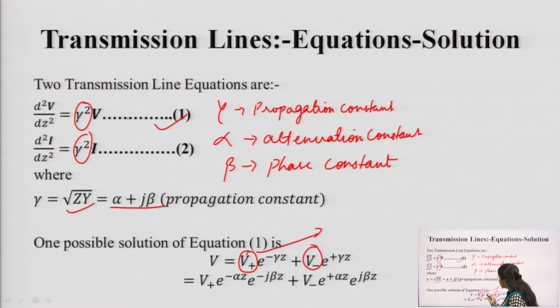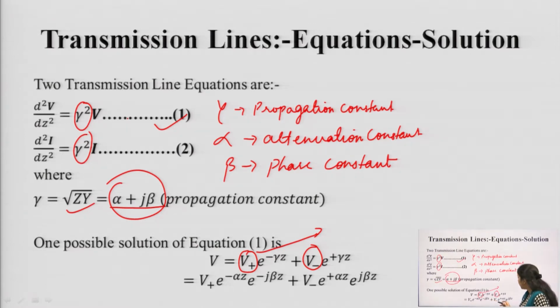In the next expression we have expanded the value of gamma, where gamma is equal to alpha plus j beta, and the equation changes into V plus e to the power minus alpha z e to the power minus j beta z.